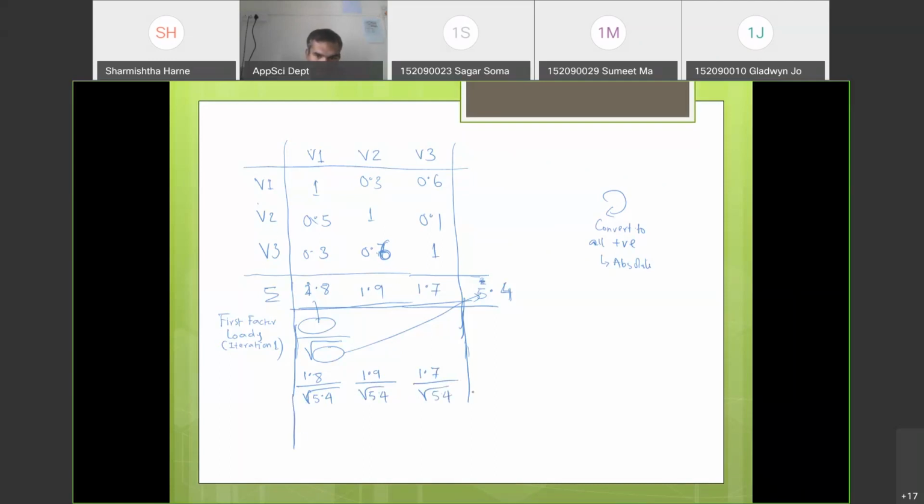So could we get these values? Anybody has a calculator handy? 0.77, Sarvajit has said. It could be 0.77.